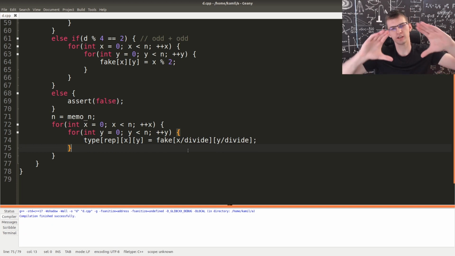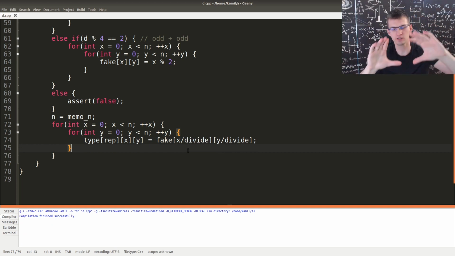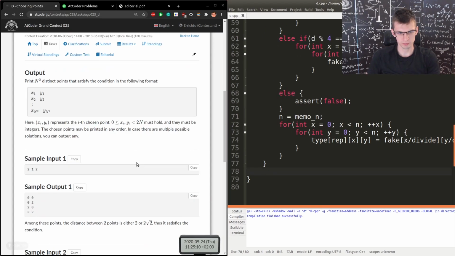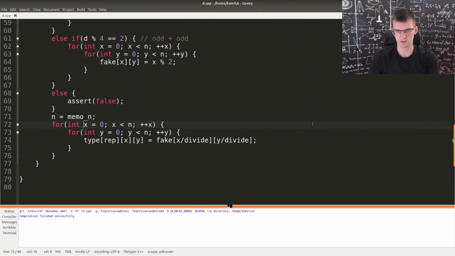So I will create kind of squares of size 4 by 4 or something like that, or 8 by 8. Each of them will be one type only. Do I need to print this? I need to print the solution.